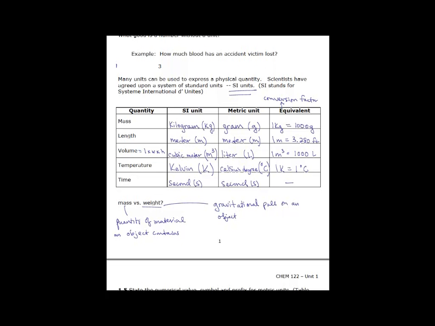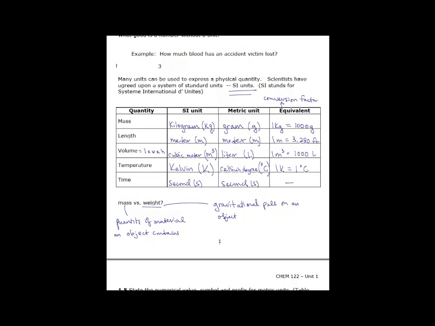So the mass of something, if you went from the Earth to Jupiter, wouldn't change. However, the weight would, because the gravitational pull on Jupiter is much larger than it is on the Earth. So just keep that in mind.